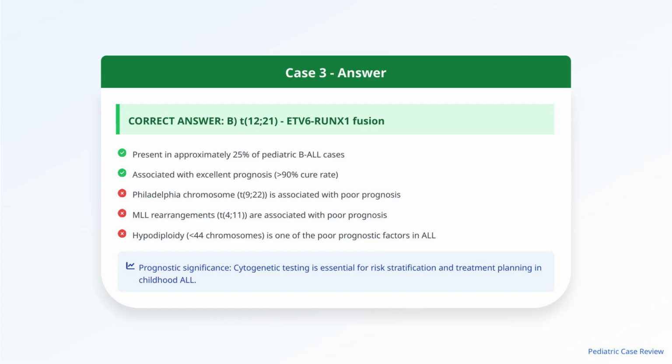In contrast, the Philadelphia chromosome, or t(9;22), and MLL rearrangements found in t(4;11) are both associated with poor prognosis and often require more intensive therapy. Similarly, hypodiploidy with fewer than 44 chromosomes is also considered a poor prognostic factor in ALL, as mentioned in the notes provided, with significantly lower survival rates compared to other cytogenetic profiles.